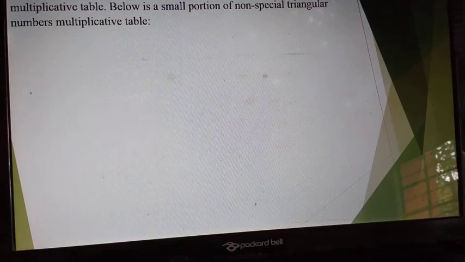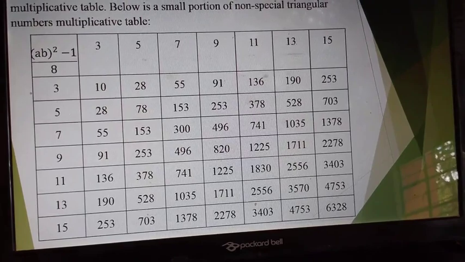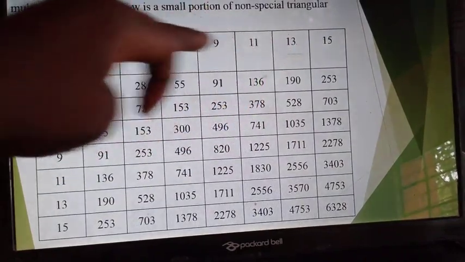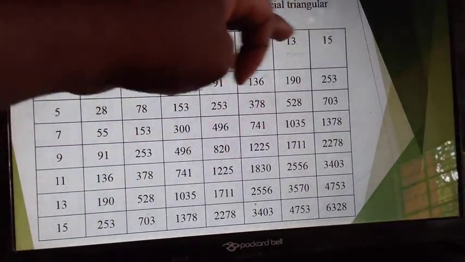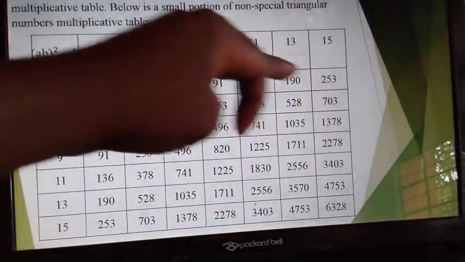It's just a small portion of non-special triangular numbers, you should take note of. So here we have a set of non-special triangular numbers. So this set is only catering for these elements inside. The outer part is not part of non-special triangular numbers, but the inner part.